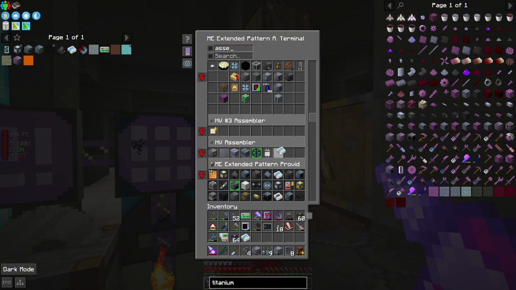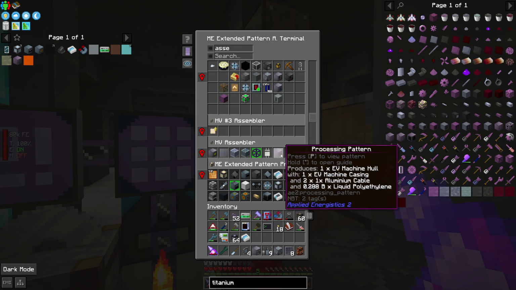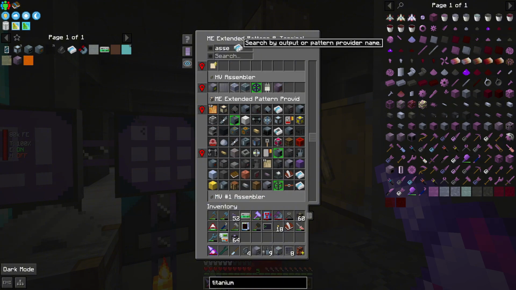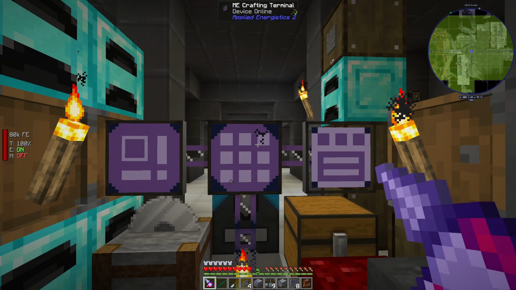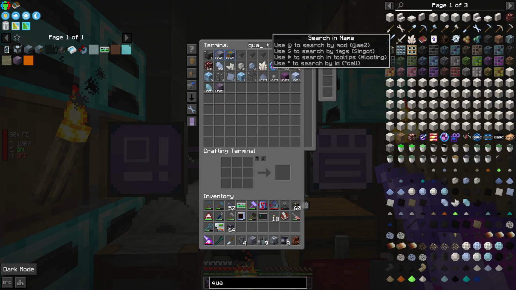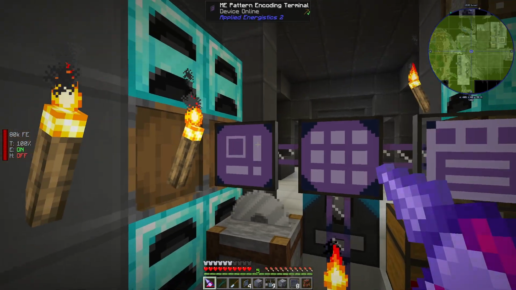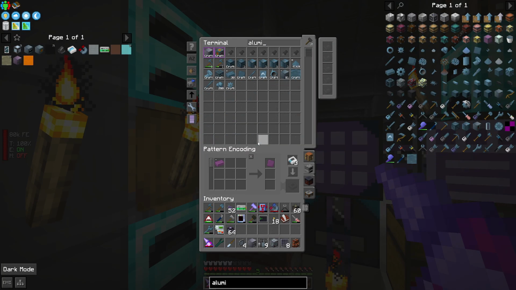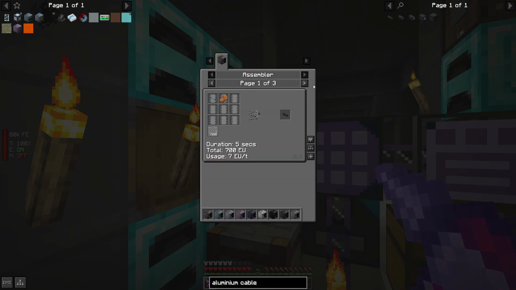Assembler. Yeah, that should work fine. And this should just be in the basic wall there. So if I did everything correctly, we should be able to request. Oh, we need aluminum cable. And we should have all that.